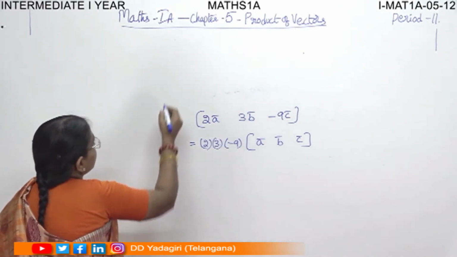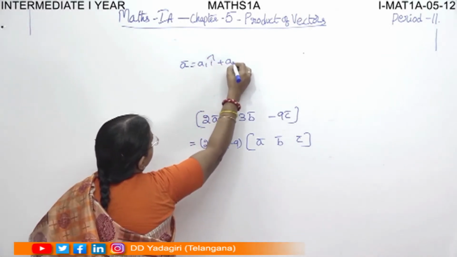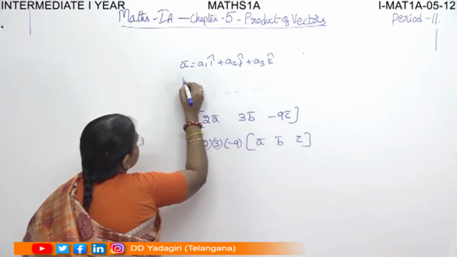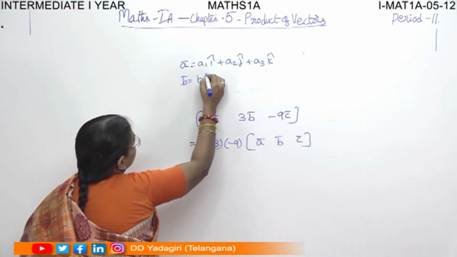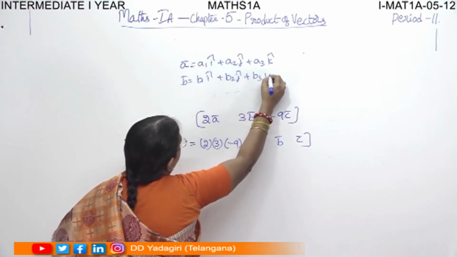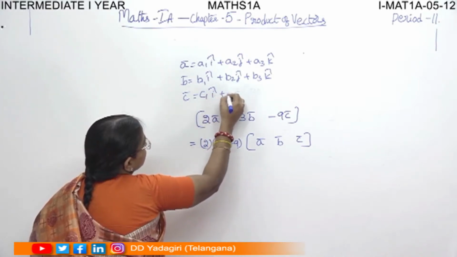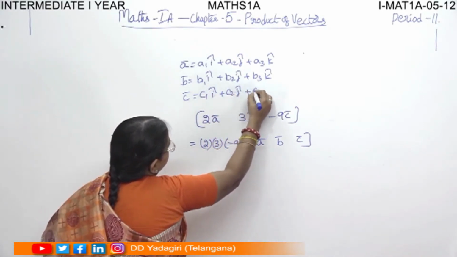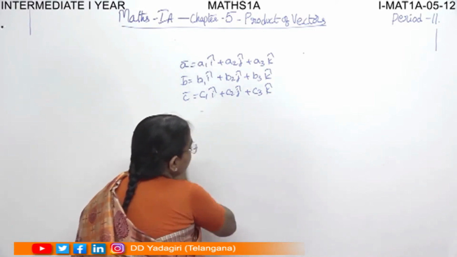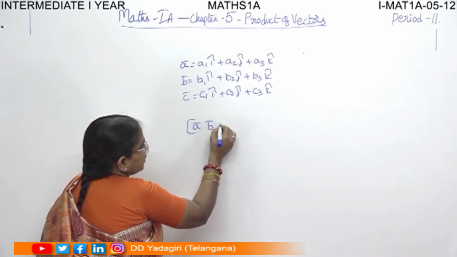Next, suppose that you have A is equal to A1I plus A2J plus A3K, and then B is equal to B1I plus B2J plus B3K, and then C is equal to C1I plus C2J plus C3K. Suppose you have ABC vectors like this, then you can write box product between the vectors ABC.